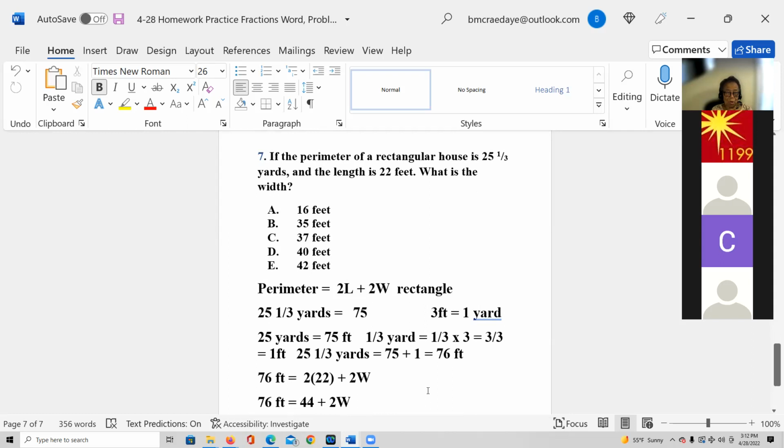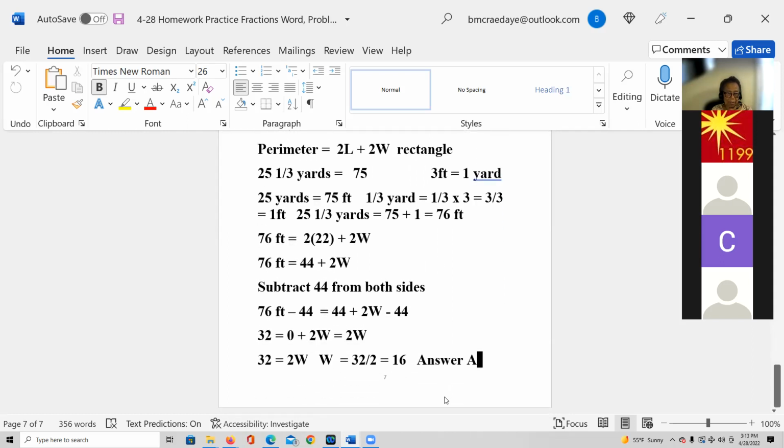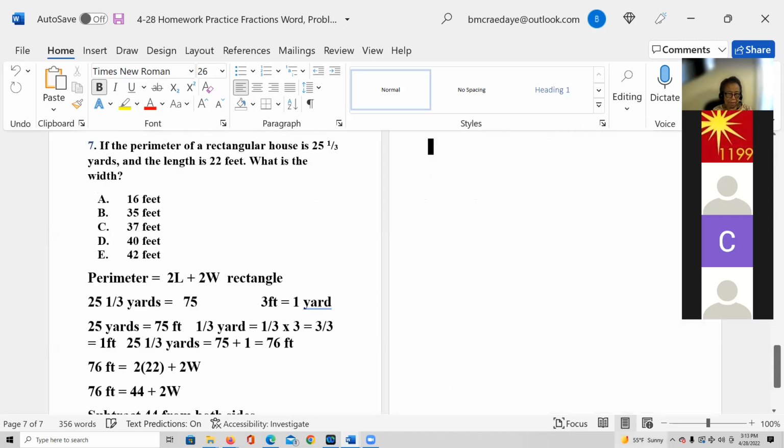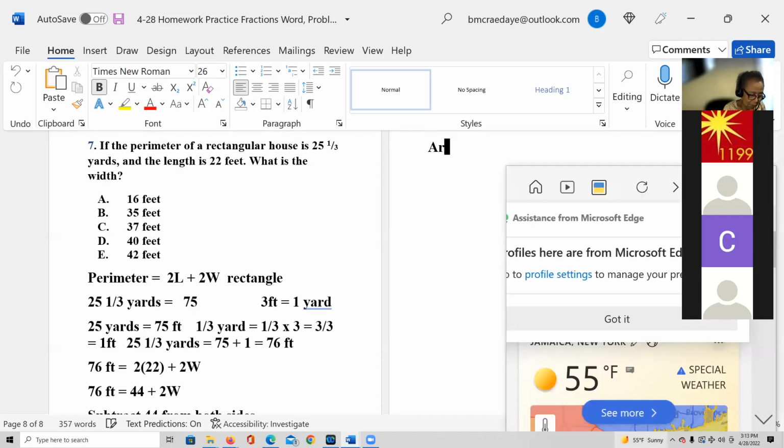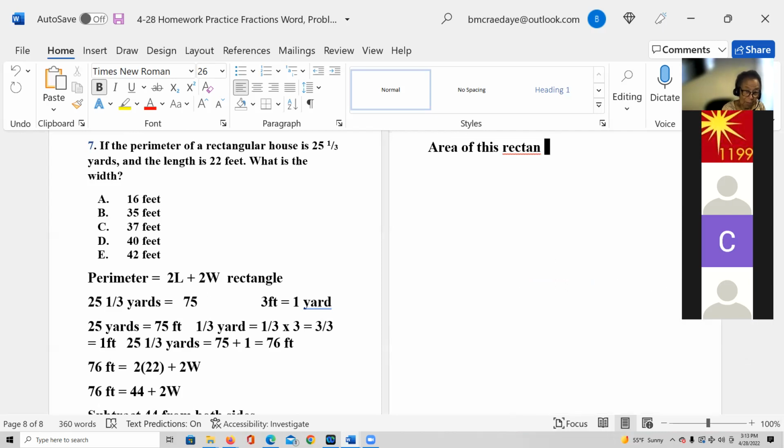Now, Maureen, what would be the area of this rectangle, the same rectangle? What's the formula for the area of a rectangle?